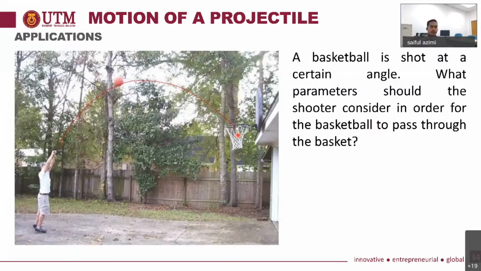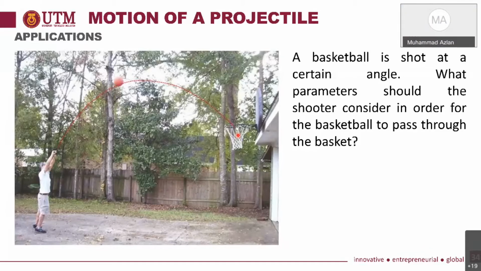The angle of release, I guess. Other than that? Time of flight. And other than that? That is also correct. For example, you need to shoot, right? What is the parameter that you need to consider? The shot power, the velocity.